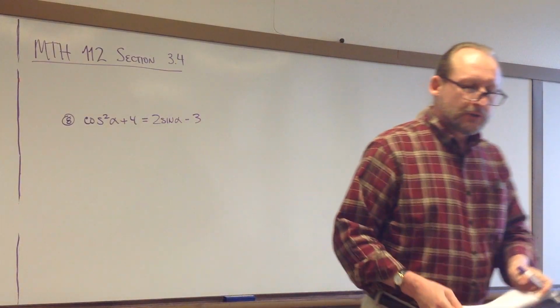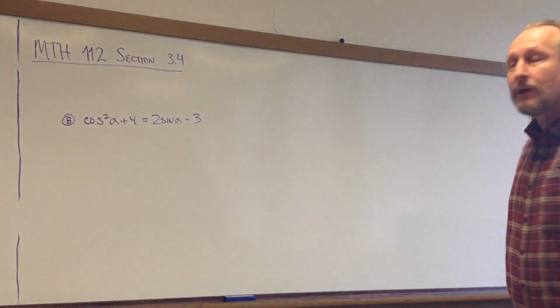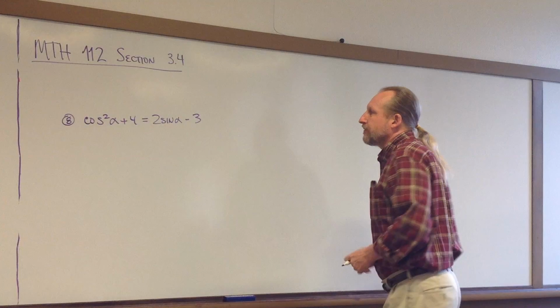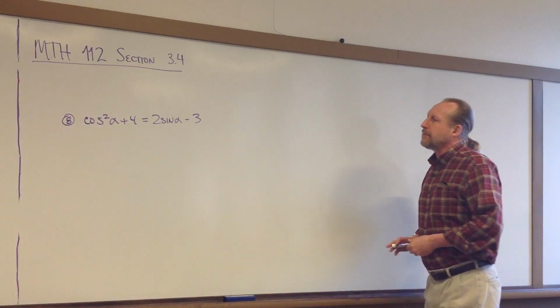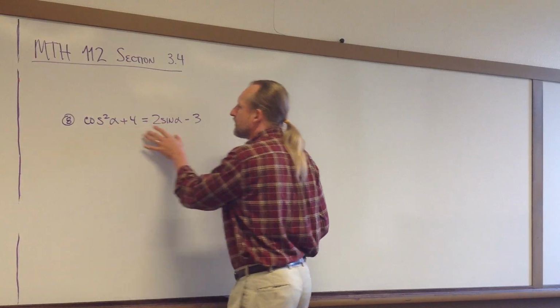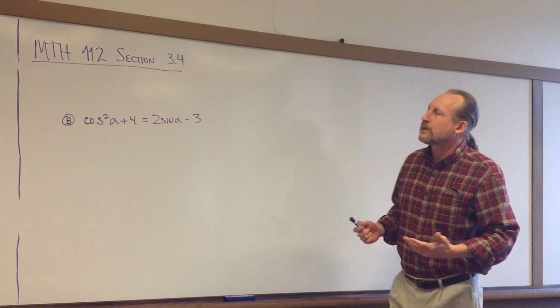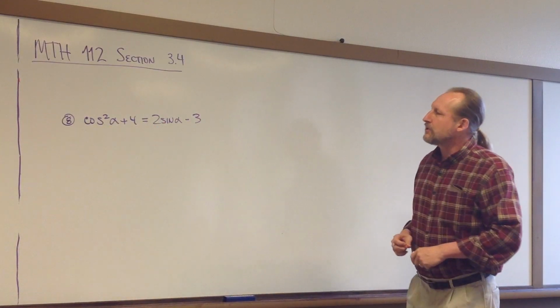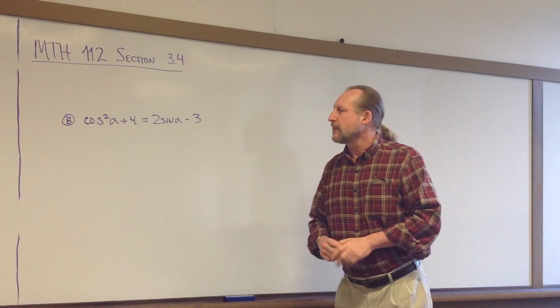One of the new things that we're going to talk about in section 3.4 is what happens if you have different trigonometric functions in your equations. We'll look at a couple of methods that we can use to solve equations like this.